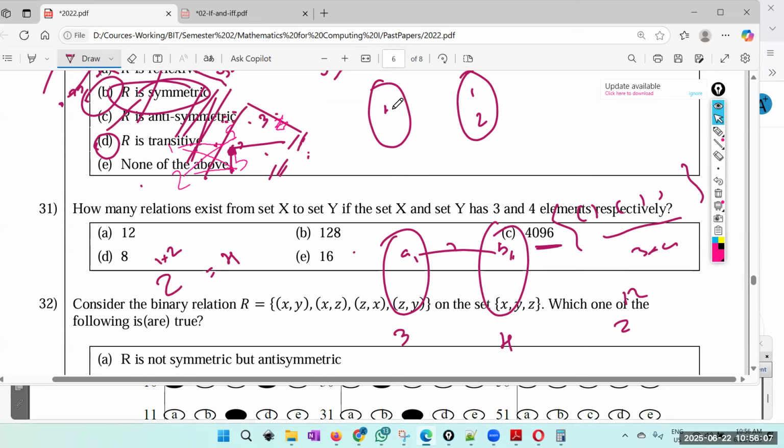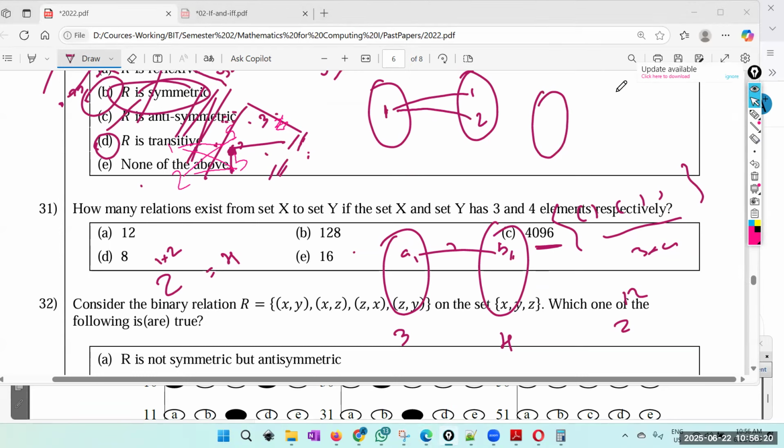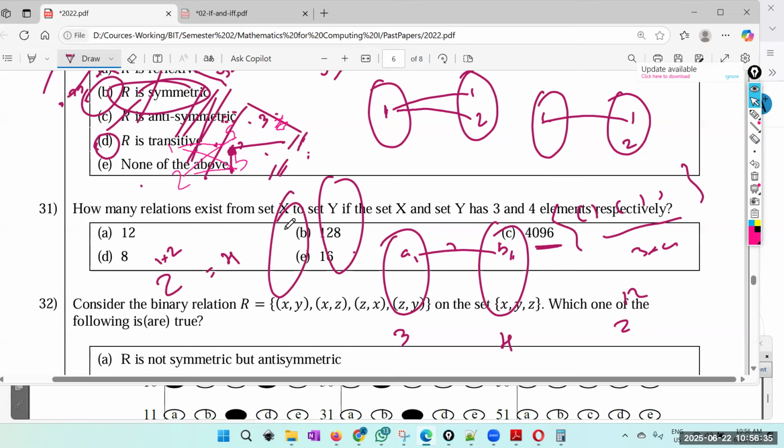One is this is mapped to this, and this is mapped to this. The other one is this is mapped to this, and this is not. Another one, this is mapped to this, and this is not. Another one, because we have 4: nothing is mapped.